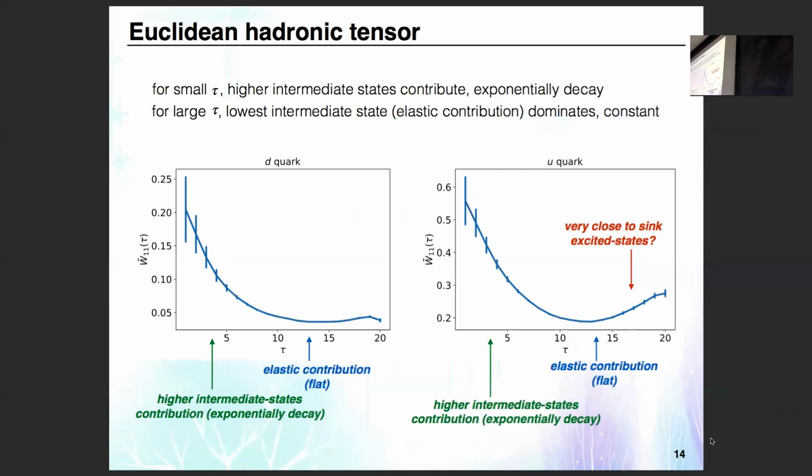For small tau, the curve decays exponentially. For larger tau, it's somewhat flat. This one is hard to see because the tail goes up, but I think because the energy of the nucleon is just at 2.0, this is very close to that.